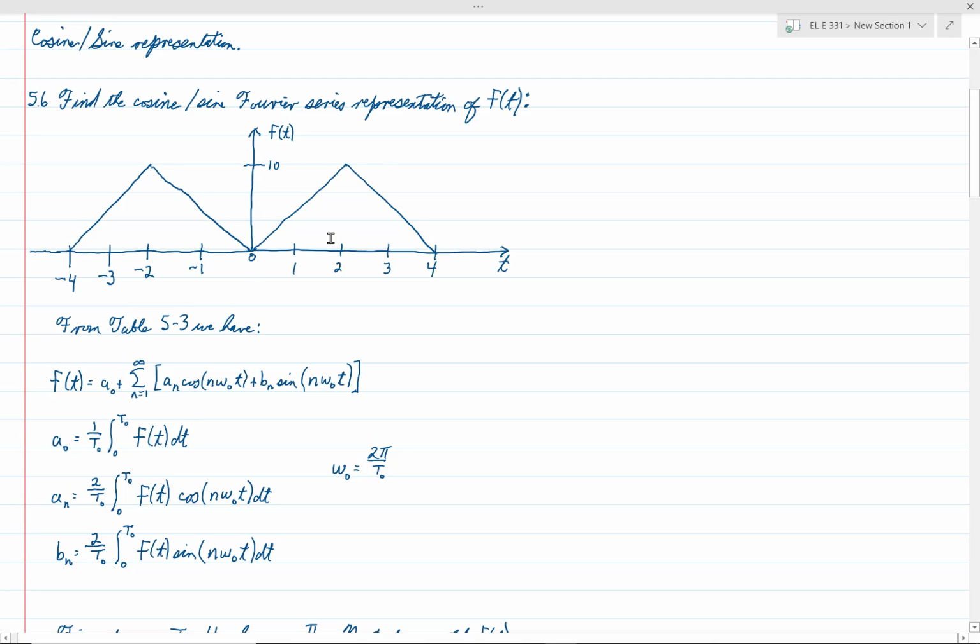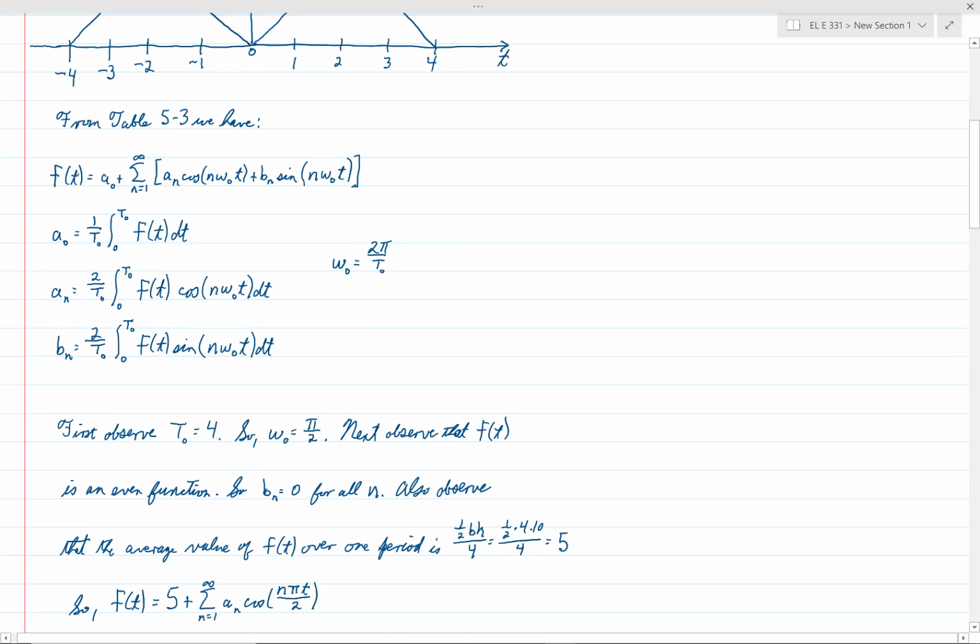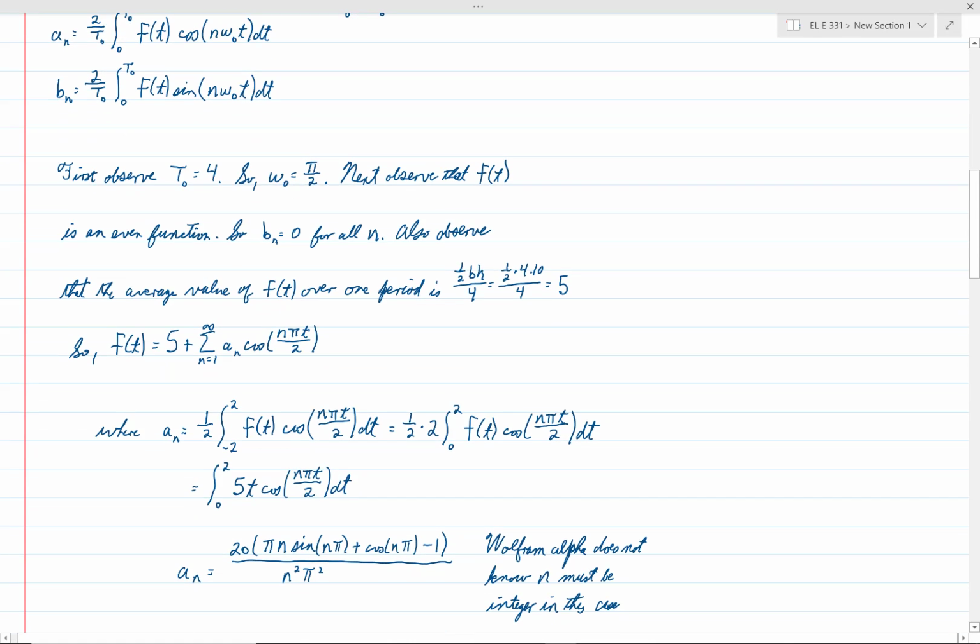From 0 to 2, notice that at t equals 0, f is equal to 0, and at t equals 2, f is equal to 10, and it's linear, so that just tells us that f of t is 5t. So that's what we stick in down here. And so finally now, we have a nice, neat expression for a_n.